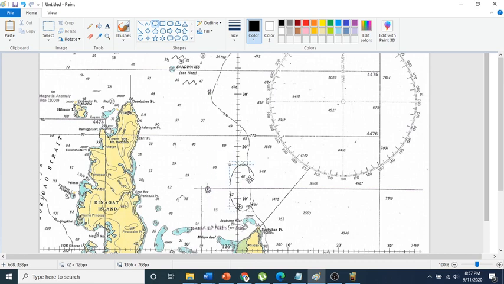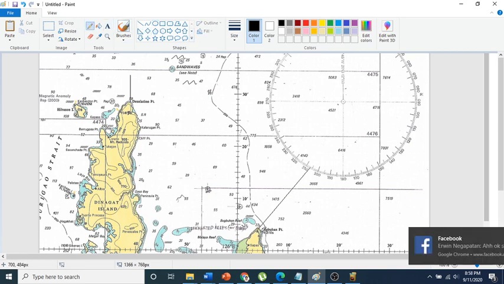Somewhere here should be 8 nautical miles for the sake of demonstration.